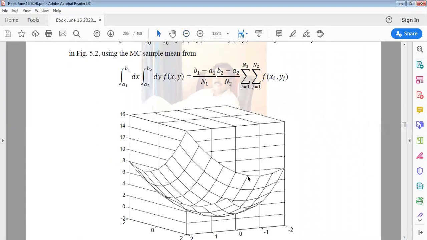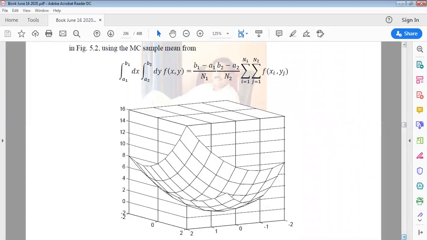I plotted this function. Now, if you want to compute the area under this function between a1 and a2 on the x-axis and b1 and b2 on the y-axis, then this is a two-dimensional integral, and we need to find the mean value of this function.